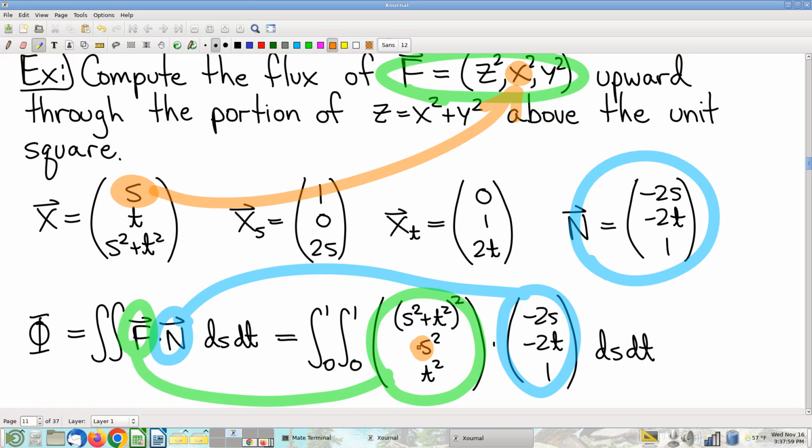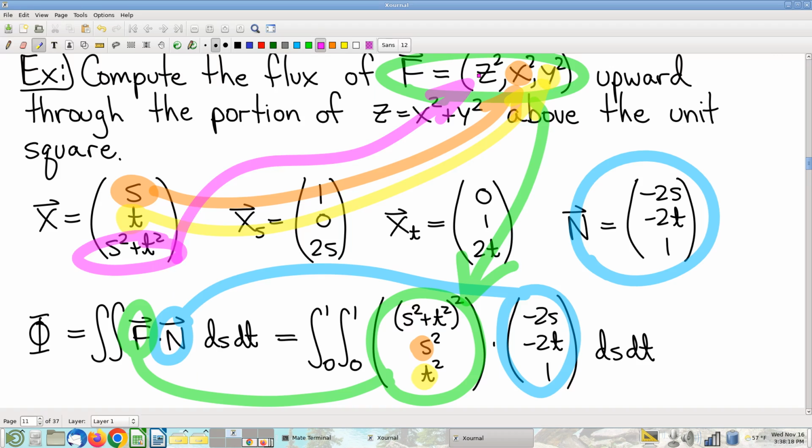So when you rewrite the vector field in terms of the parameterization, x turns into s. Likewise, y is t. And z is s squared plus t squared.